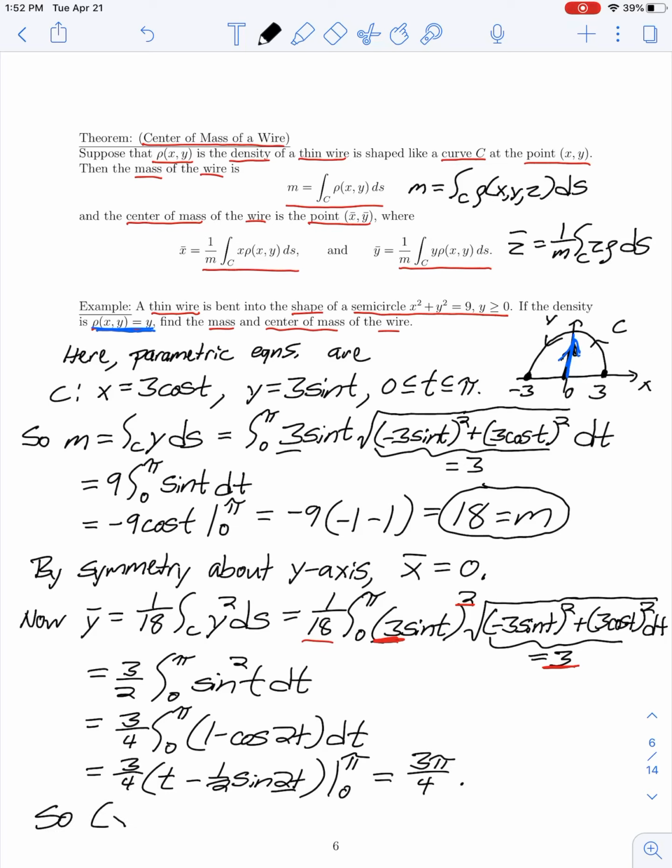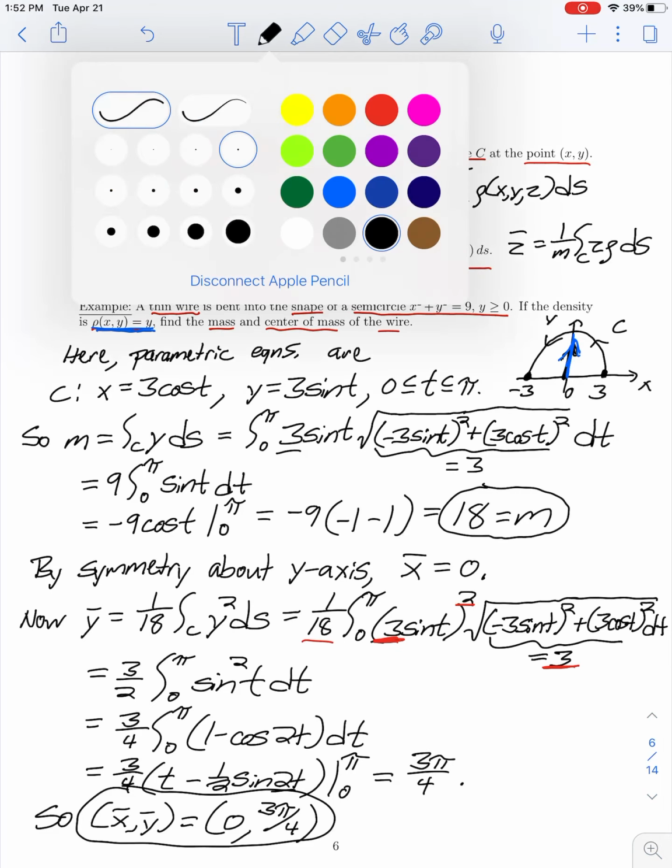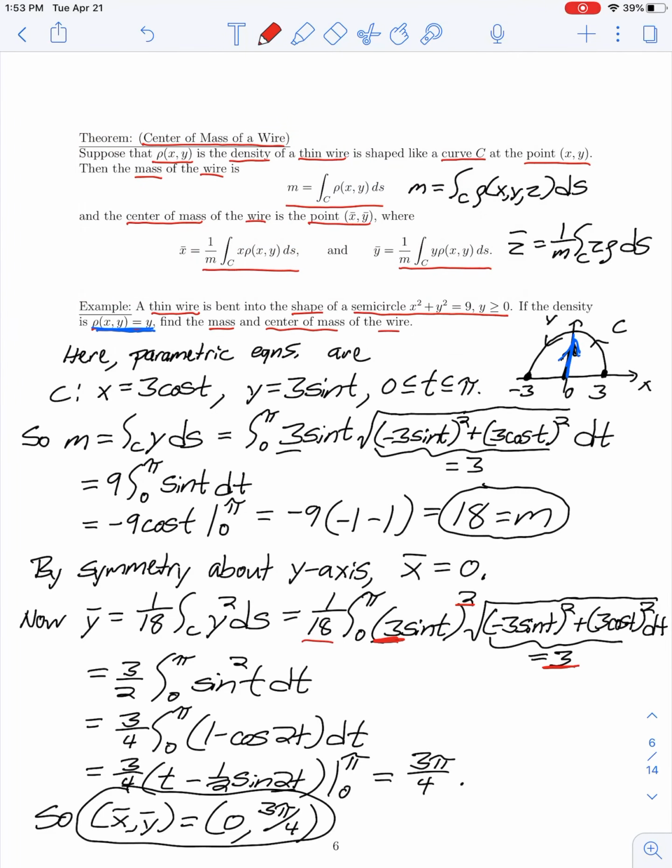So our center of mass would be the point x bar, y bar, where we found by symmetry that x bar was 0, and our y value would be 3 pi over 4. So here we could check that that makes reasonable sense.